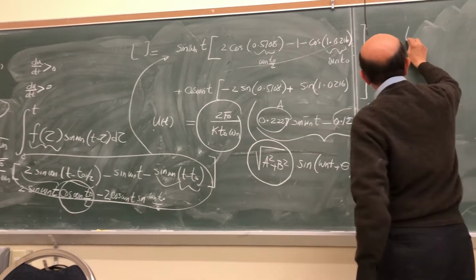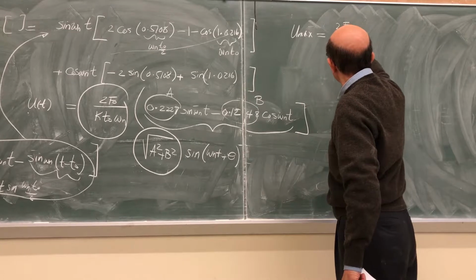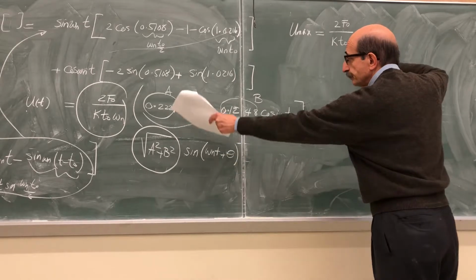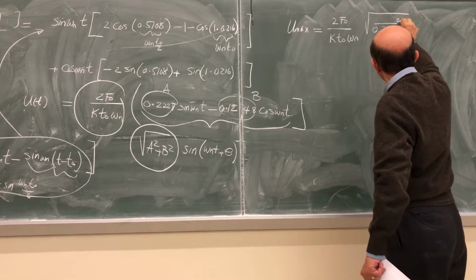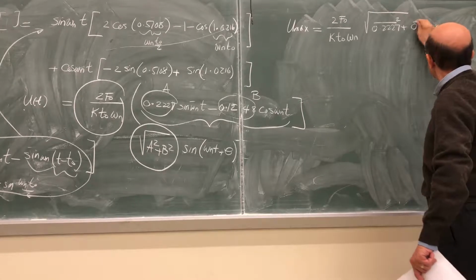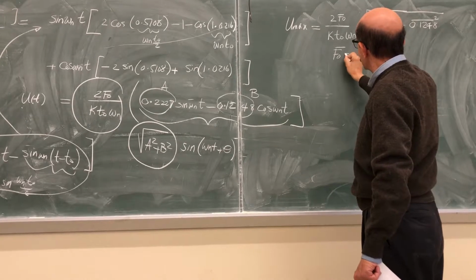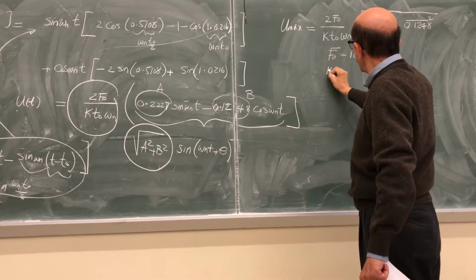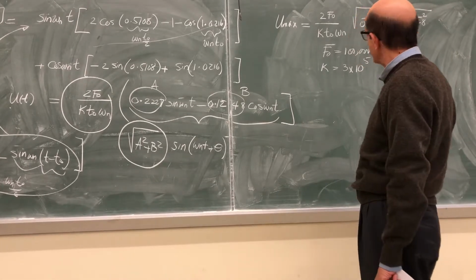So in other words, u max would be simply 2f0 over k t naught omega n times the square root of 0.2227 squared plus 0.1248 squared. So you just substitute here for F naught, which is 100,000 pounds. K was given as 3 times 10 to the 5 pounds per inch.